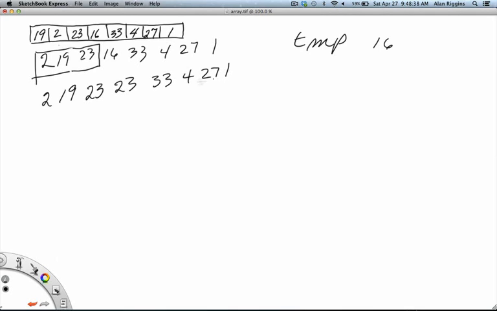We will have 2, 19, 19, 23, 33, 4, 27, and 1. And we have reached the spot where it goes, so we drop in the 16 right here.